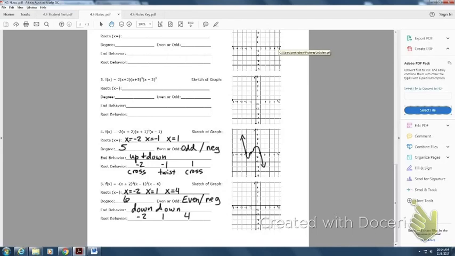Callie, my root behavior at -2 is going to do what? -2 would be bounce, and at 1, twist, and at 4.